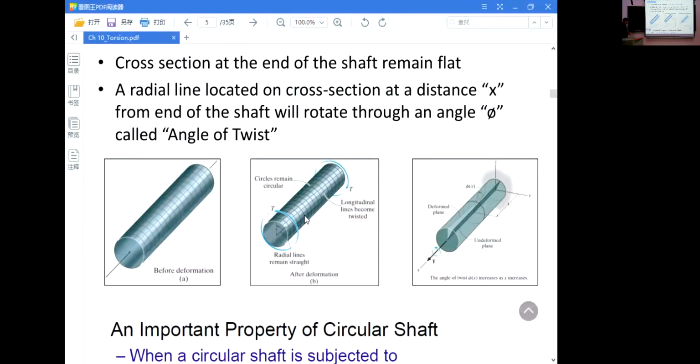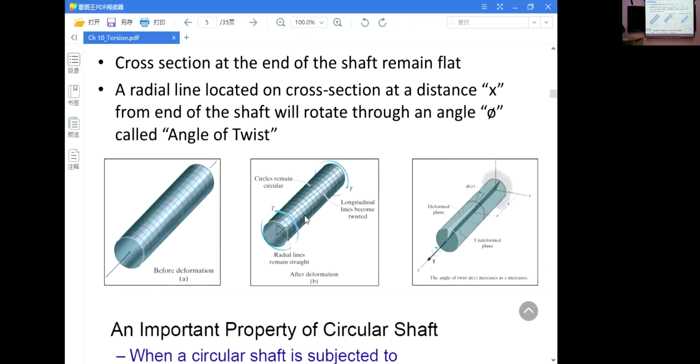Because it's shear stress, it may be in this direction, maybe in this direction. We don't know. Yes or no?